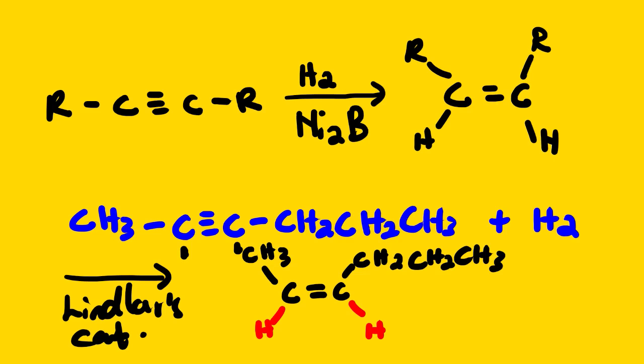Before we continue with more examples, let us look at the reaction whereby we hydrogenate an alkyne to form a trans-alkene. So the types of catalysts that we are going to use to yield trans-alkene, the most common ones are what we call metal ammonia reduction to alkenes. That is the reaction that we are doing now.